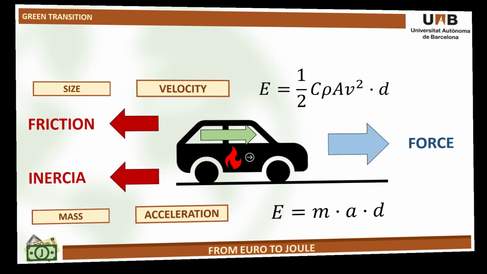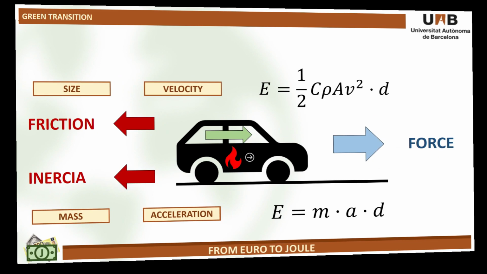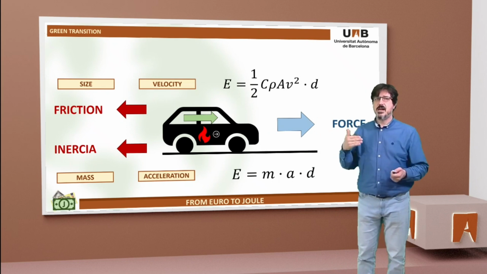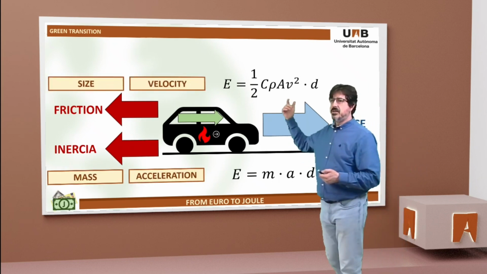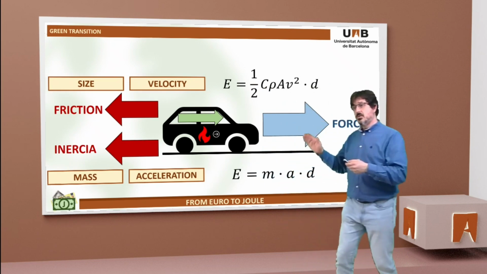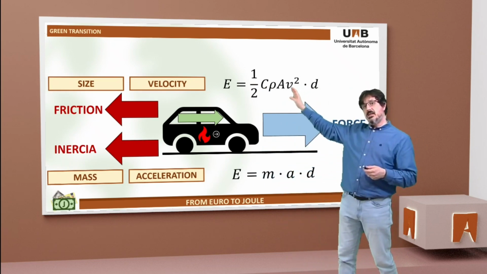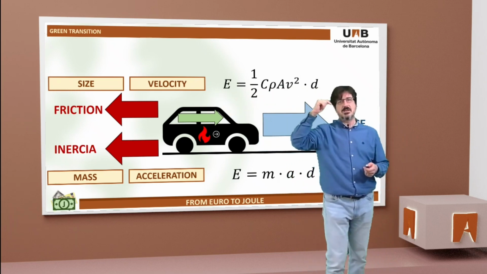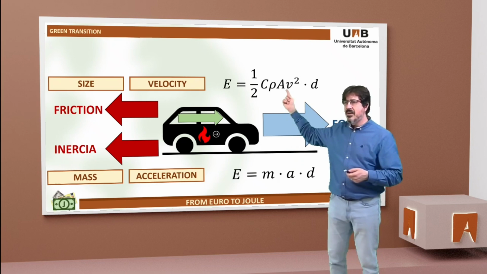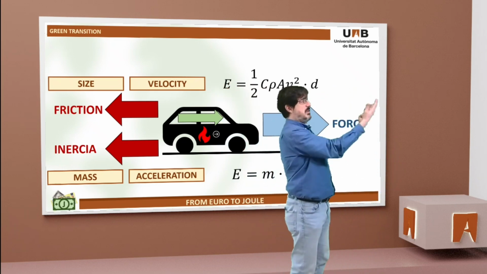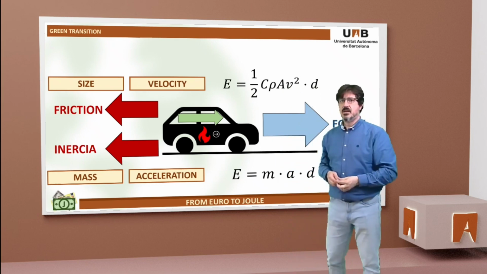In order to reduce the energy consumption of our vehicles, we need to reduce the velocity. So if we want to reduce the friction against the air, we need to reduce the velocity, because remember that there is a square, and we need to reduce the size, that is the cross-section, the area that I see in the car.